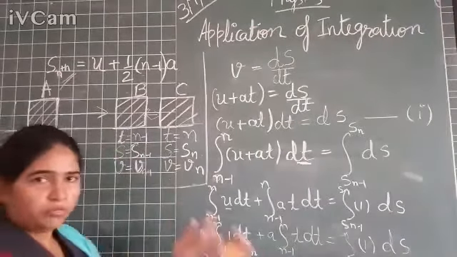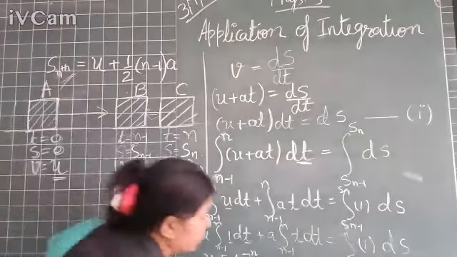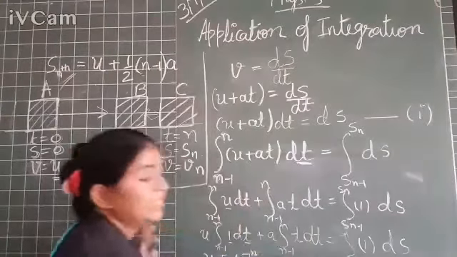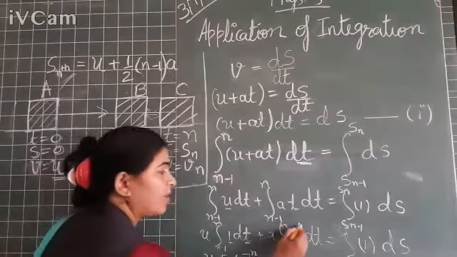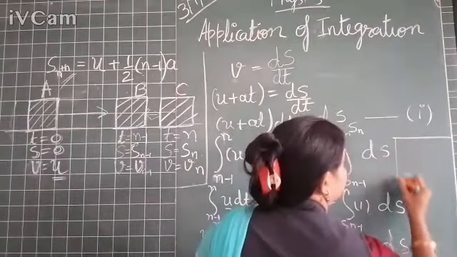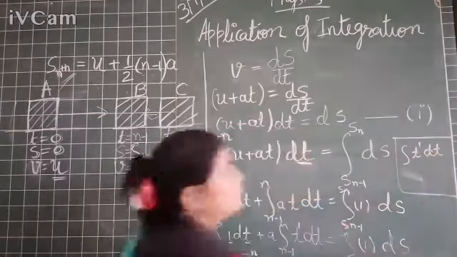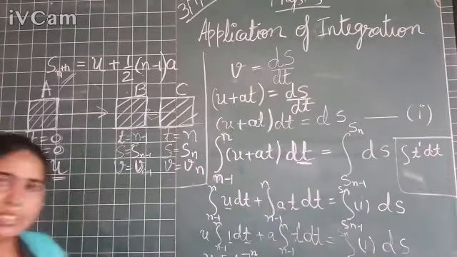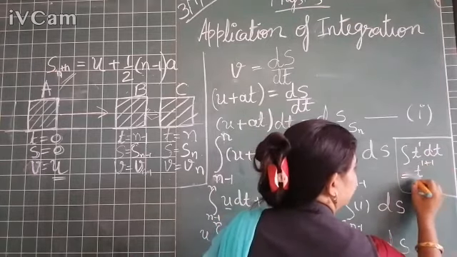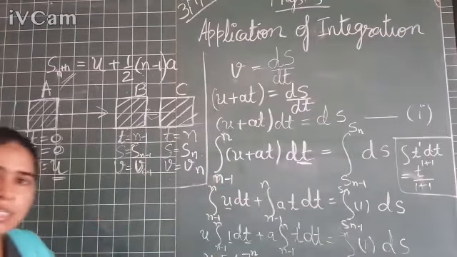Now we will be substituting these values. We have done this in the previous three equations. Here we have t to the power 1. The formula of integration for t to the power 1: the power will be increased by 1, and in the denominator you have the same increased power.